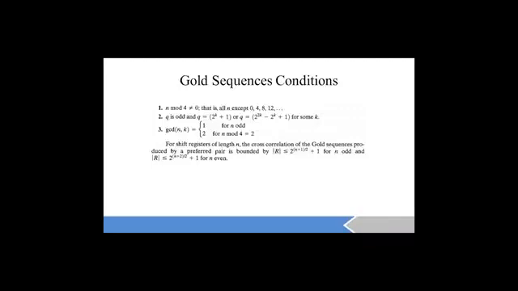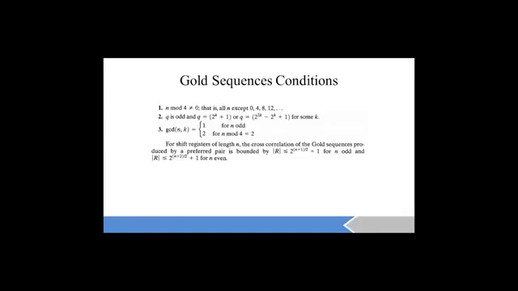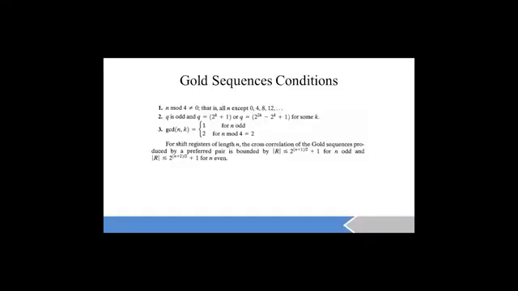That is, all n except 0, 4, 8, 12. 2. q is odd and q is equal to 2 raised to power k plus 1, or q equals 2 raised to power 2k minus 2 raised to power k plus 1 for some k.